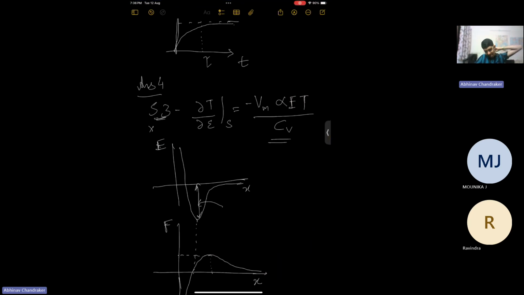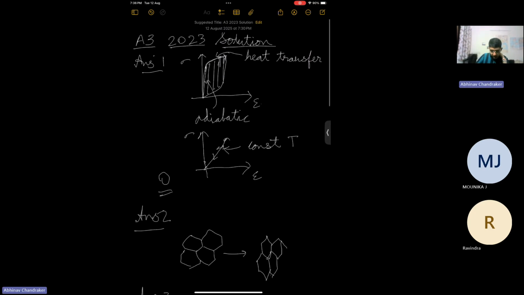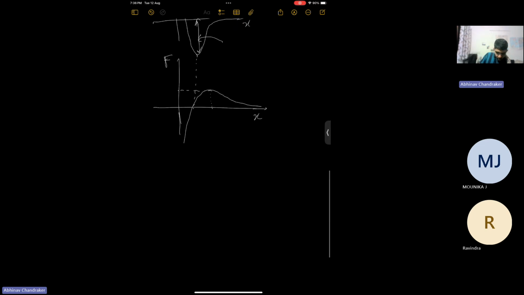The stress varies sinusoidally as you try to move the atoms to break it off, and the highest stress is in between. Let me just draw it here. This is answer number 6.